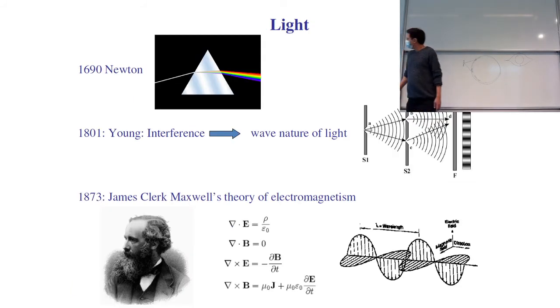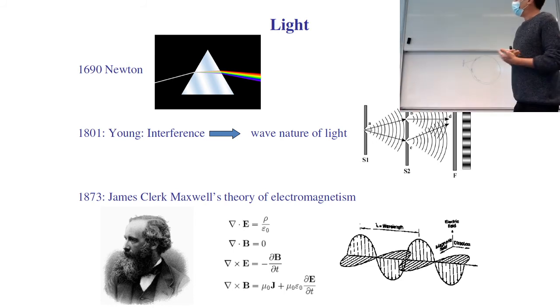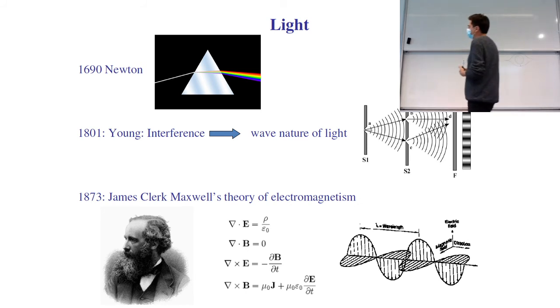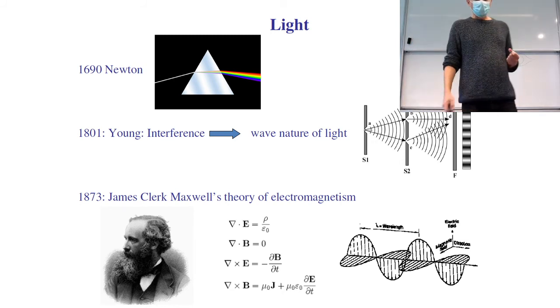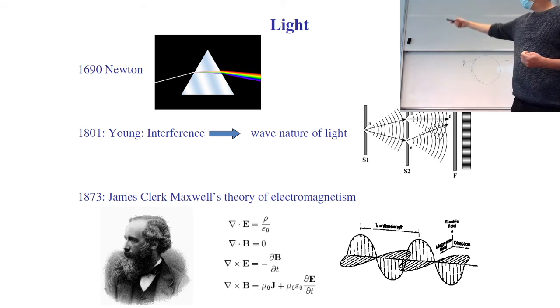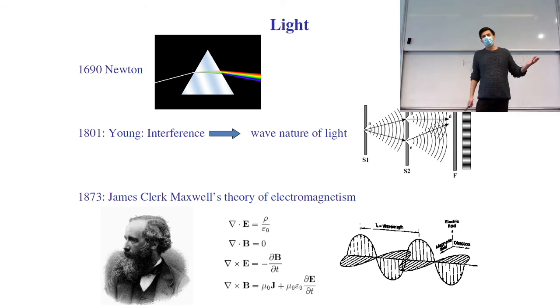So okay, back to the history lesson. Things like light: Newton also was thinking about the nature of light, and around 1800, people discovered that light indeed was a wave. Actually, in Newton's time, Newton was alive more like 100 years before that, people were not sure if light was a wave or not.